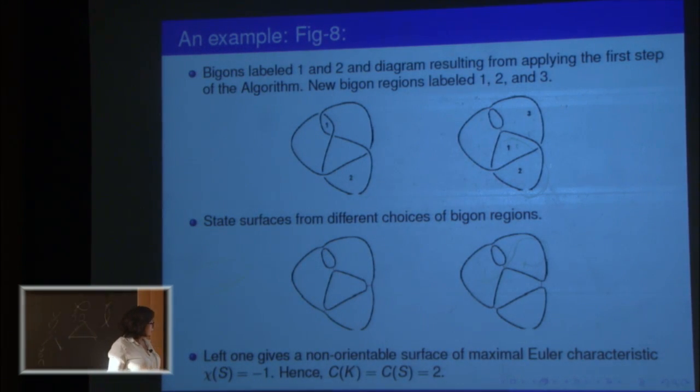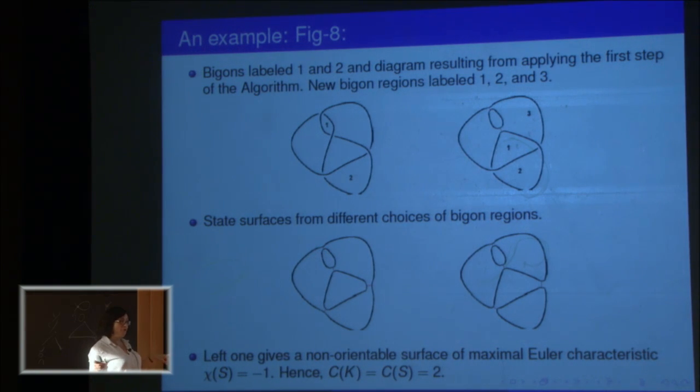Okay, a basic example here. I've taken the figure 8 knot, and I have a lot of bigons here, which become an issue later on. But I resolved number 1. And then in the second step, I've got many choices, 1, 2, 3 bigons.